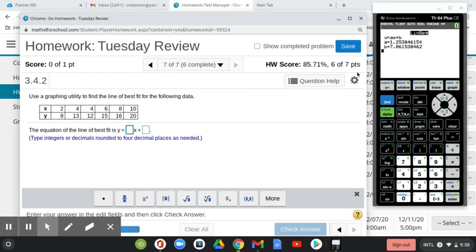So the slope, just make sure it corresponds. A is my slope here. So it's going to be 1.2538. Double check, make sure 8 doesn't round up. And then B is going to be 7.0615.